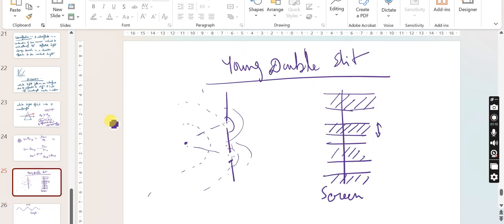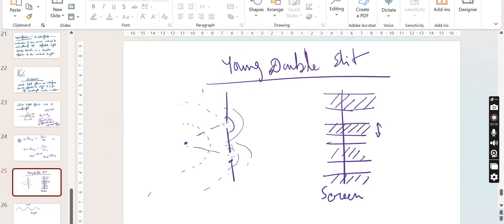So this is a wave. The maximum of the disturbance is called the crest, and the minimum is called the trough.